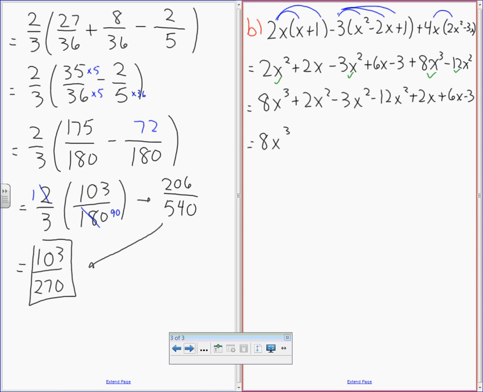I'm sorry, what's 2 minus 3, first of all? Negative 1. What's negative 1 minus 12? Negative 13. Right, so remember, all we're doing is just taking the coefficients and adding the coefficients.